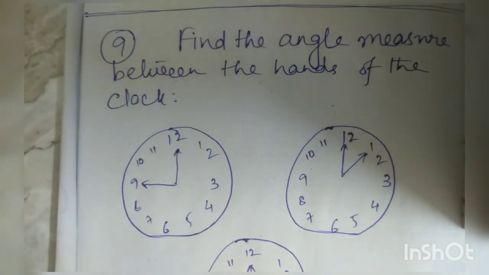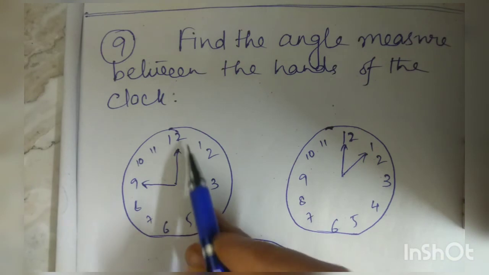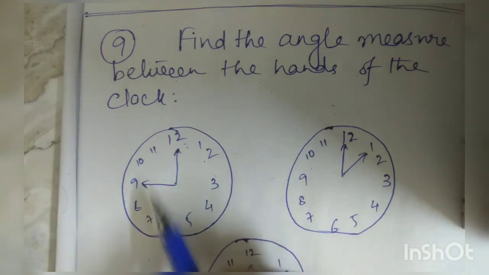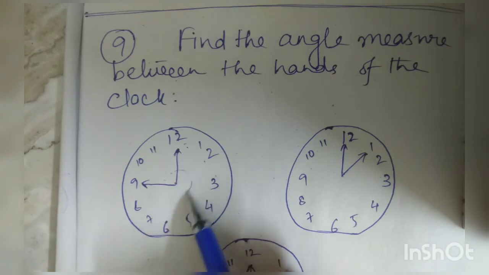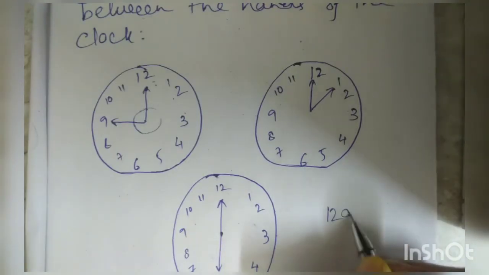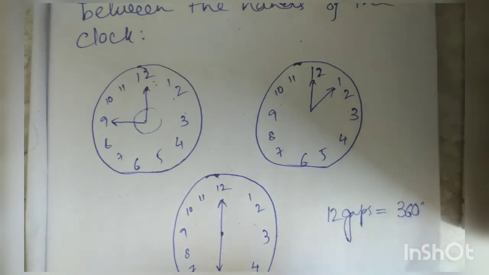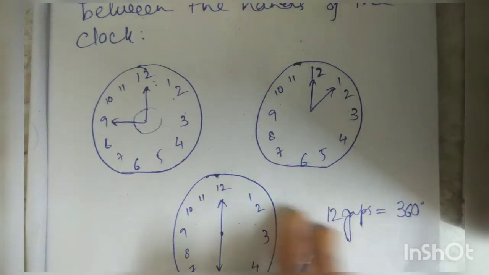Now here in this question it is written, find the angle measure between the hands of the clock. Now see, as I said, here you will get 12 gaps in total, and this angle is completely 360 degrees. So the sum of 12 gaps is 360 degrees, the angle which is forming.